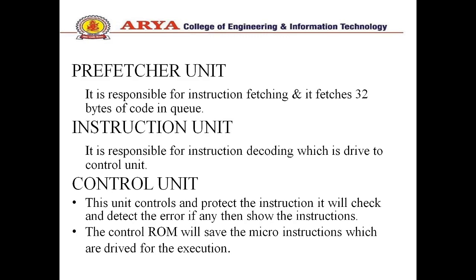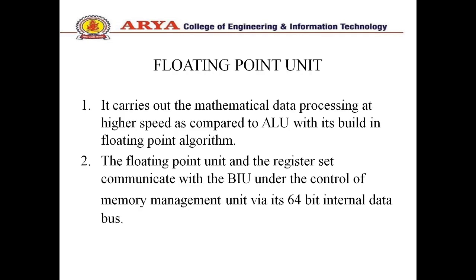The control ROM will save the micro instructions which are derived for the execution. Floating point unit carries out the mathematical data processing at higher speed as compared to ALU with its built-in floating point algorithm. The floating point unit and the register set communicate with the bus interface unit under the control of the memory management unit via its 64-bit internal data bus.